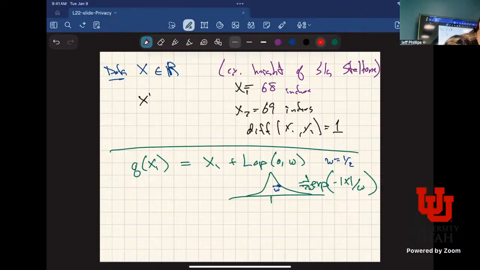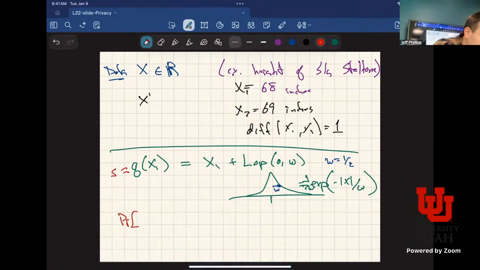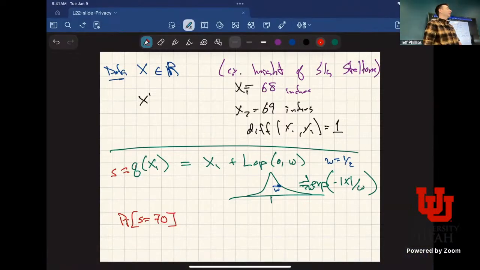Now let's say, what's the probability? Let's say he manipulated the true value with the camera or shoes and so forth, and I query this and get some value S. Let's say the probability that the reported, observed value is 70, versus the probability that S prime is 70.